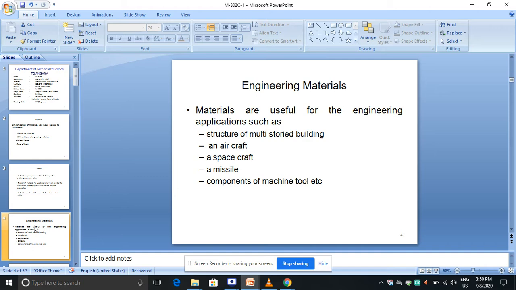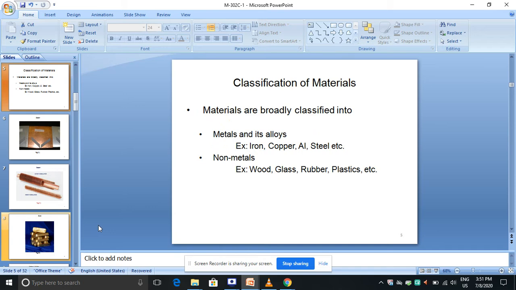Aircraft is also made up of lightweight materials, spacecraft also, and heat resistant materials are required in missiles, like that, and in components of machine tools also. These are the different components where we use materials in the engineering field.